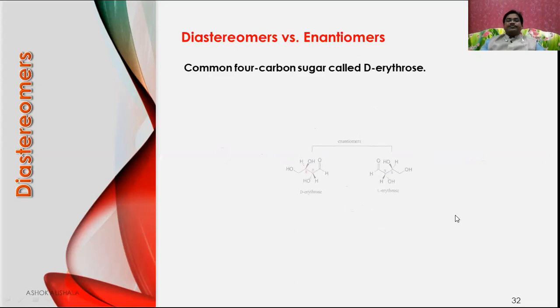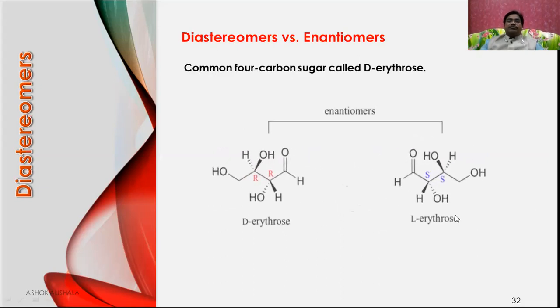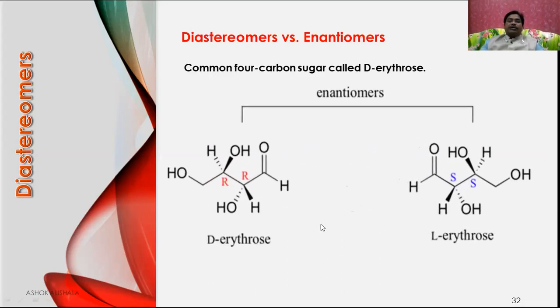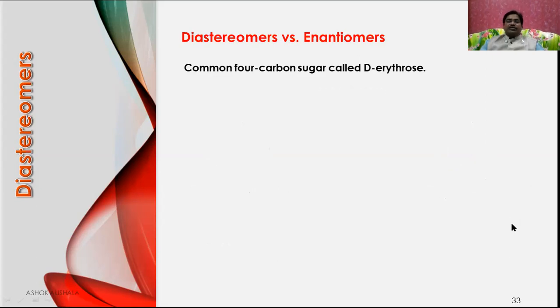Now let us see these two, which are mirror images of each other. This is D-erythrose, and this is L-erythrose. When you place a mirror here, you get its mirror image, and these two are enantiomers. Here it is RR configuration, and the mirror image is the opposite, the SS configuration.